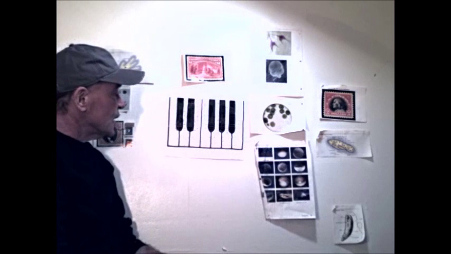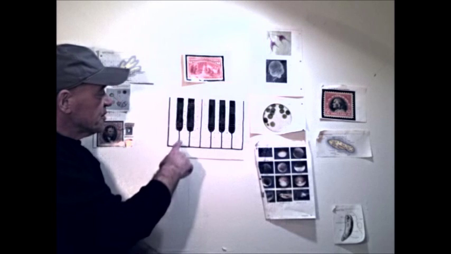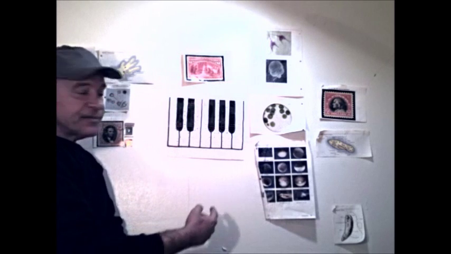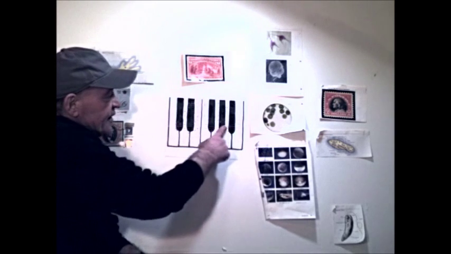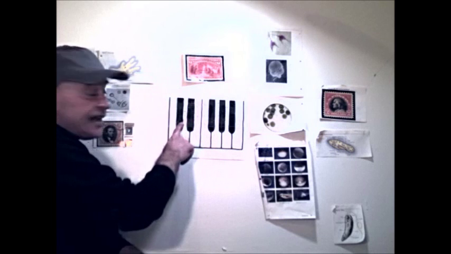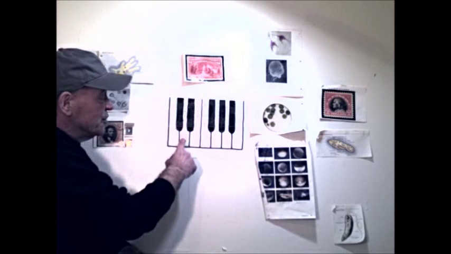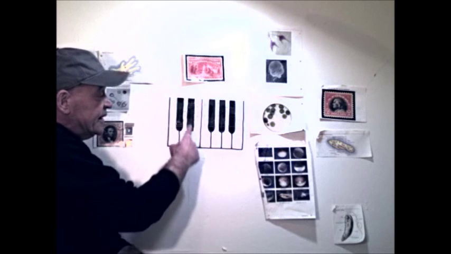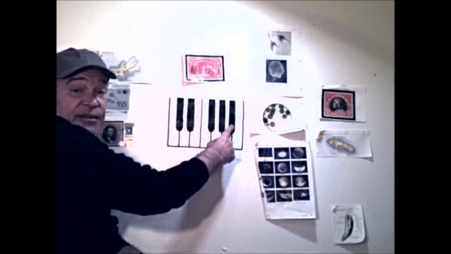With the sharps and flats, if you're descending toward the lower pitched notes, then these are all flats. And it's the note before it that you use in order to say D flat, E flat, G flat, A flat, B flat, right?